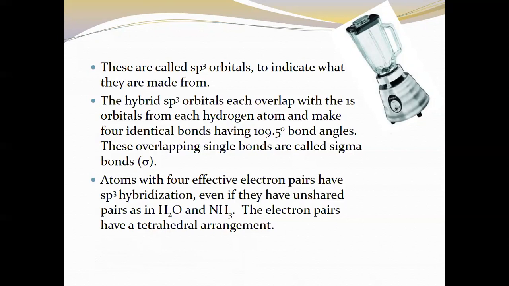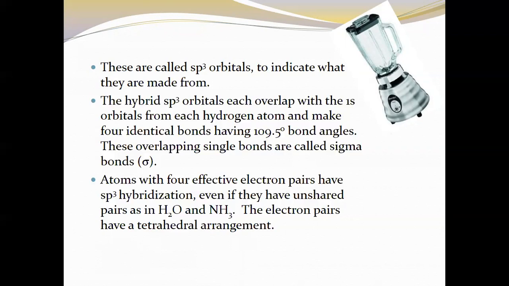The hybrid sp3 orbitals each overlap with a 1s orbital from each hydrogen atom, and it makes four identical bonds that have 109.5 degree bond angles, and these overlapping bonds are called sigma bonds. So whenever atoms have four effective electron pairs or four electron domains, they have an sp3 hybridization.